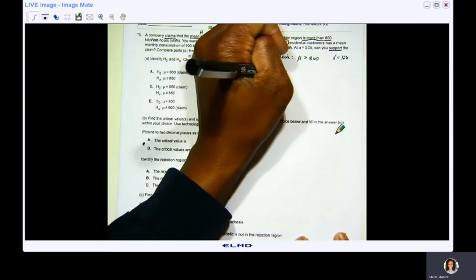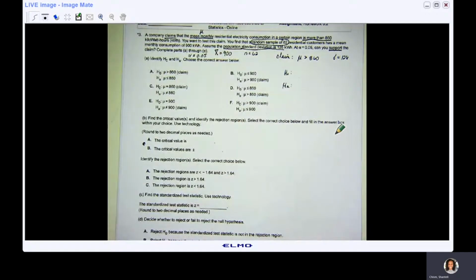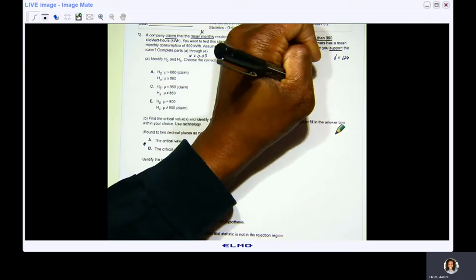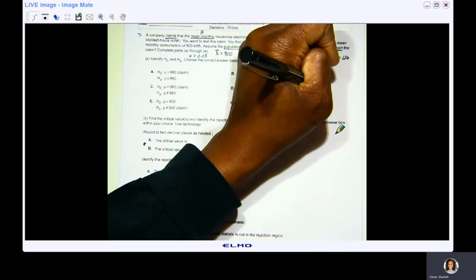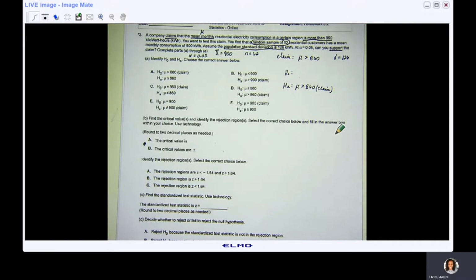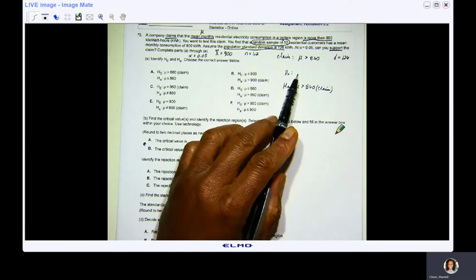So I'm going to set up my hypotheses. Our claim is mean mu is greater than 860. Our claim has to be HA because it is a strict inequality. It does not contain equal. So HA is our claim. Now, because we've got the alternative hypothesis written, we now can find H0.